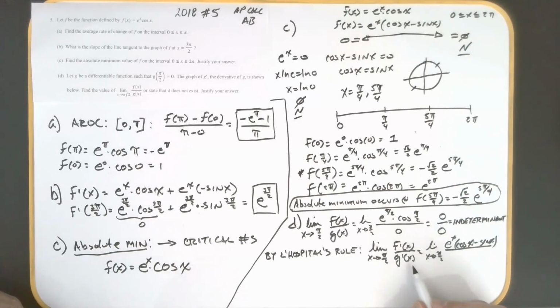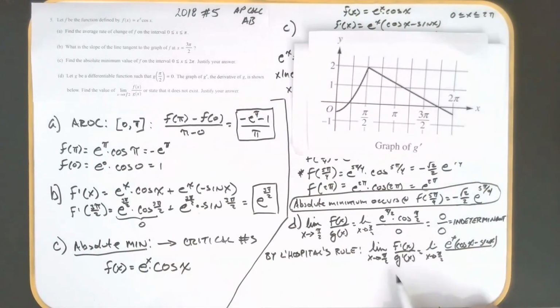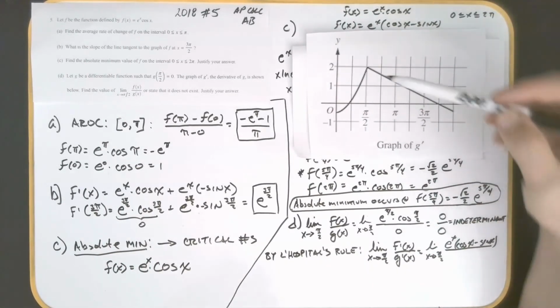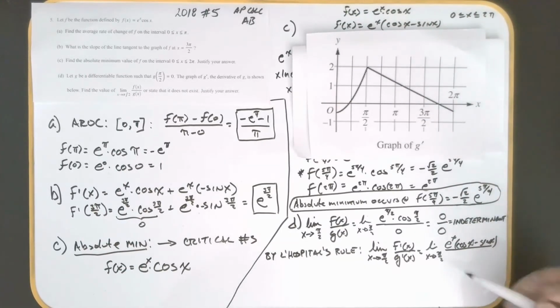And then for the bottom, g prime of x, this is where that graph came in. So g prime of x, if this is the graph, all I have to do is go to pi over 2. G prime at pi over 2, the y value is 2. So that's just 2. Now I'm just going to put in pi over 2 in the numerator and let's see what we get. So my final value here, the limit as x approaches pi over 2.